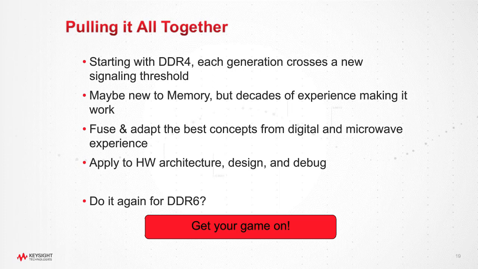So if this happened for going from DDR3 to DDR4, and it's almost certain to happen going to DDR5, what's going to happen beyond this? Is there going to be a DDR6? Well, nobody really knows. But to be honest, I expect that we're in this age now where if there is a DDR6, there's probably going to be a whole new set of rules that we're going to have to understand and be able to apply.